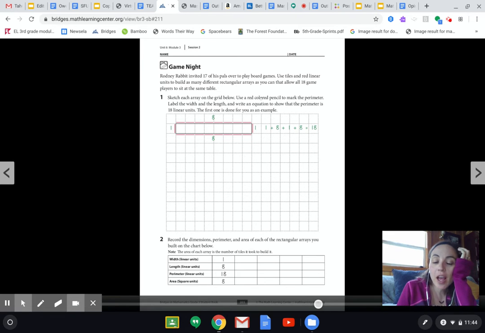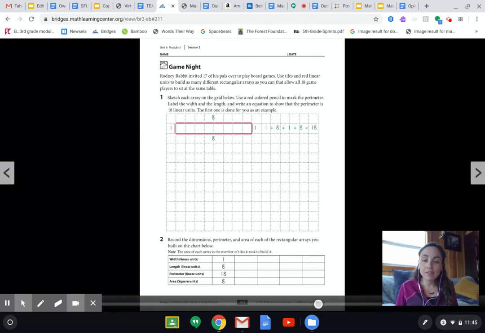Hey you guys, it was a little confusing here because it asked you to use tiles and red linear units in the directions, and obviously we don't have that stuff at your house. So what we really were hoping you would do is follow the directions from number 1, which was to sketch an array on the grid below and use a red colored pencil to mark the perimeter.